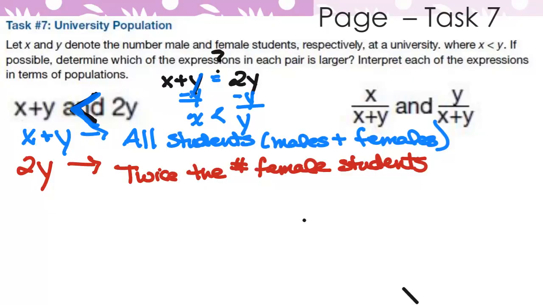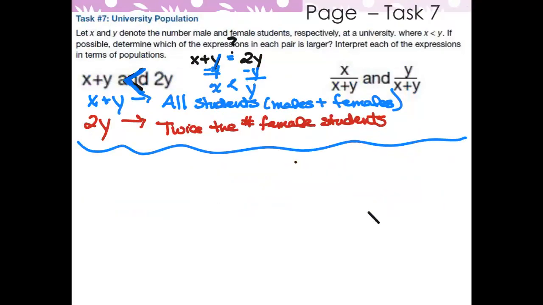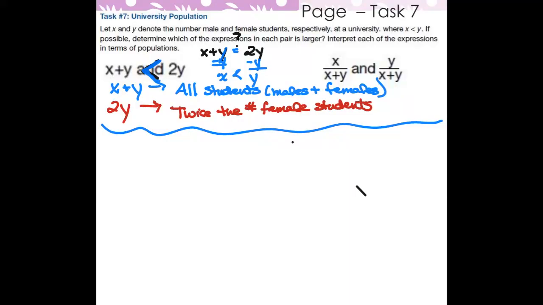Does that make sense? So that can show you algebraically. But yes, if you have more women on campus or females, then twice the number of women is definitely going to be more than the entire population. Okay? All right, let's take a look at the second one.